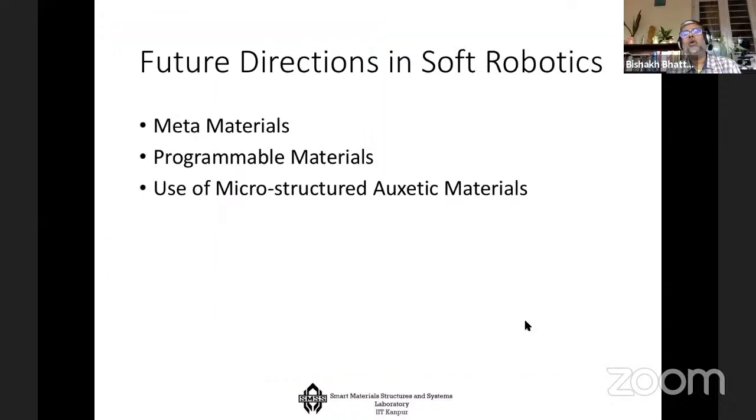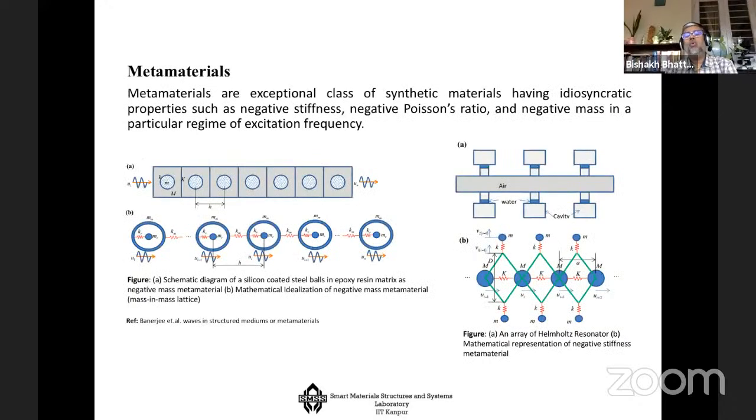Now I would like to talk about some future directions. One is metamaterials, another is programmable materials, and the other group is microstructured auxetic materials. Now, what are these metamaterials in the smart material domain?